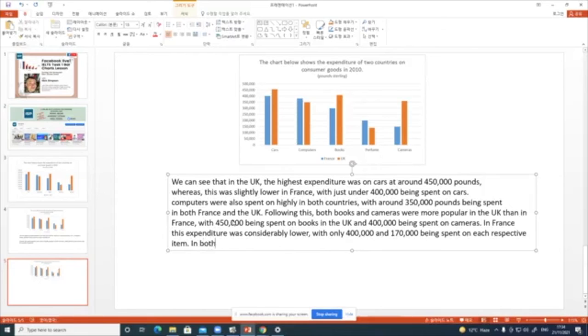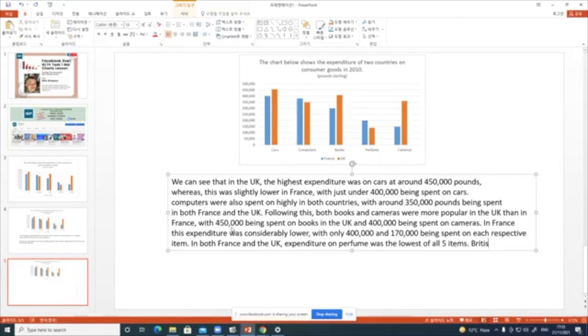In both France and the UK, expenditure on perfume was the lowest of all 5 items.